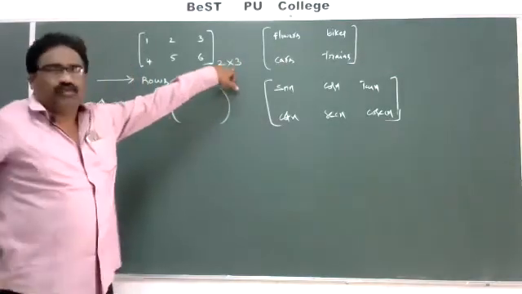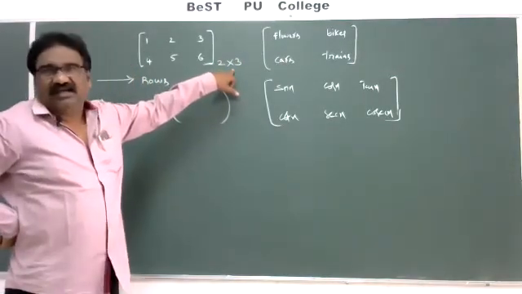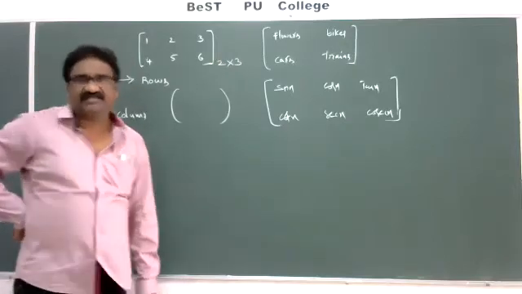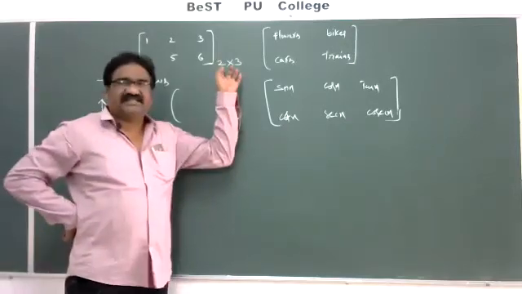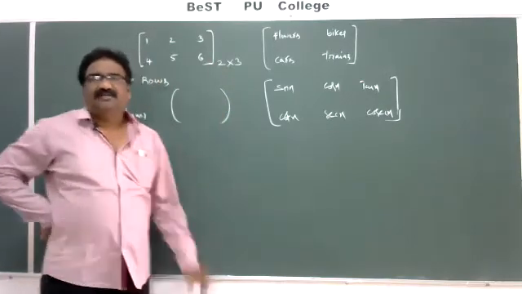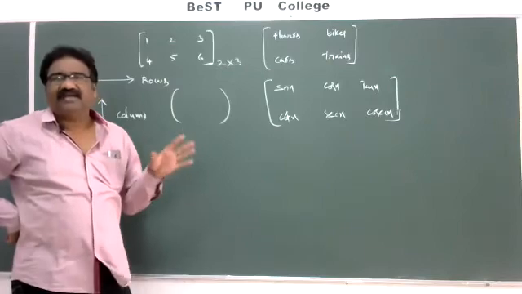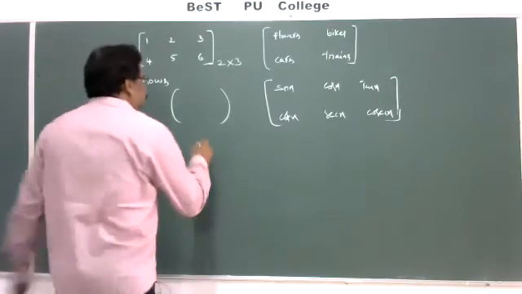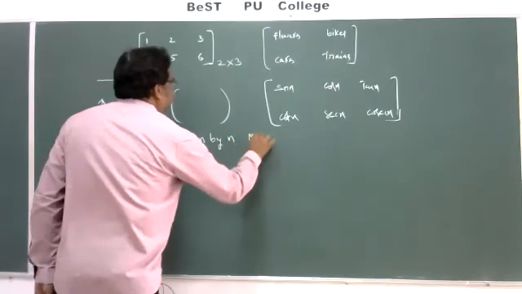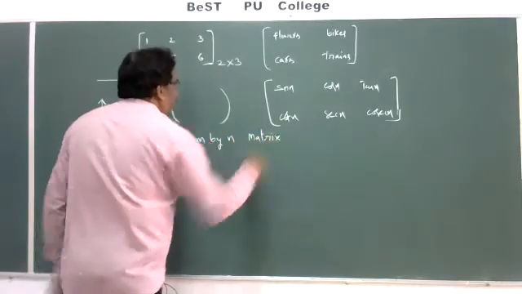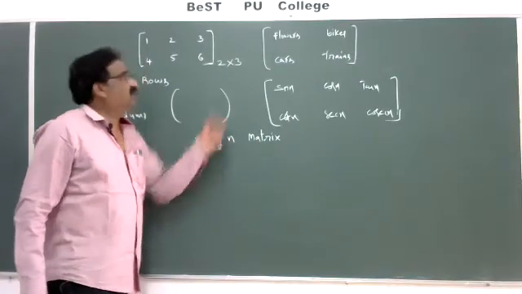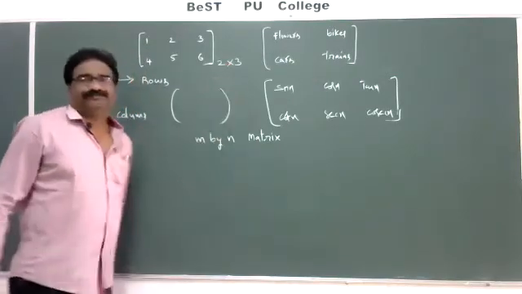First you represent the number of rows, then the number of columns. That is an M by N matrix, which means M rows and N columns.